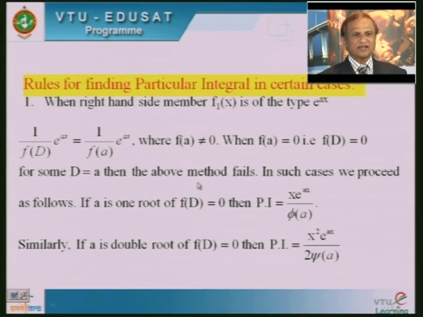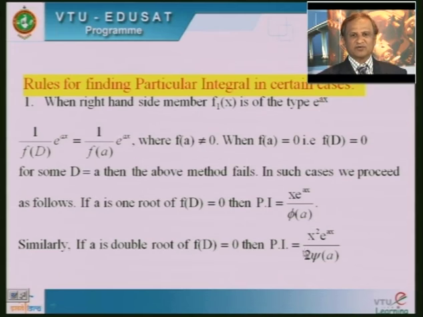Is it clear? And similarly, if a is a double root of f of D equal to 0, assume that f of D is a second degree polynomial. So a is a repeated root, and in that case also f of a is equal to 0. How do we write down a particular integral?